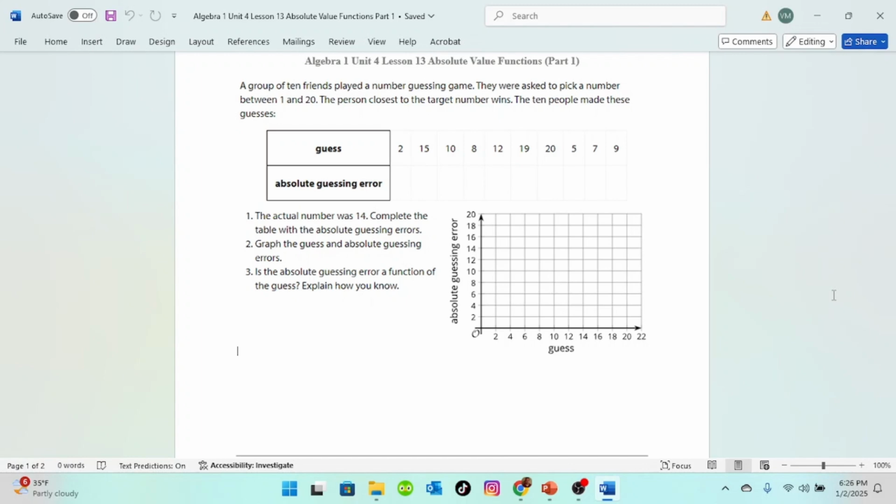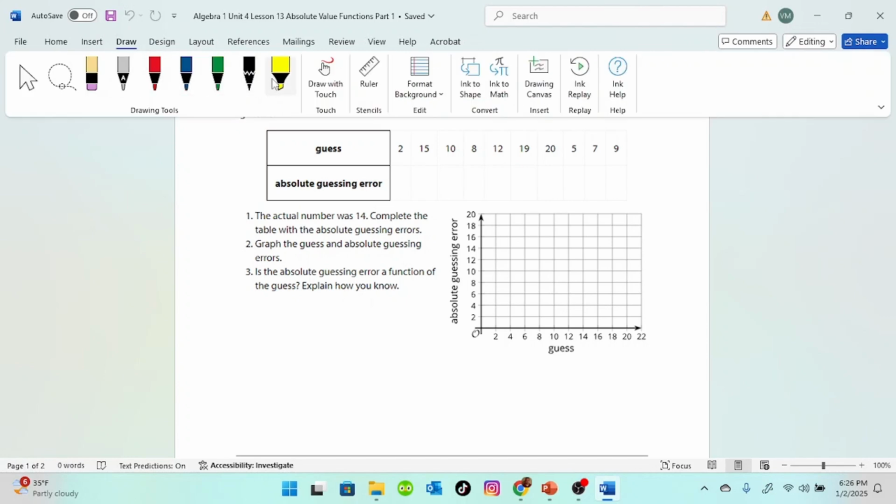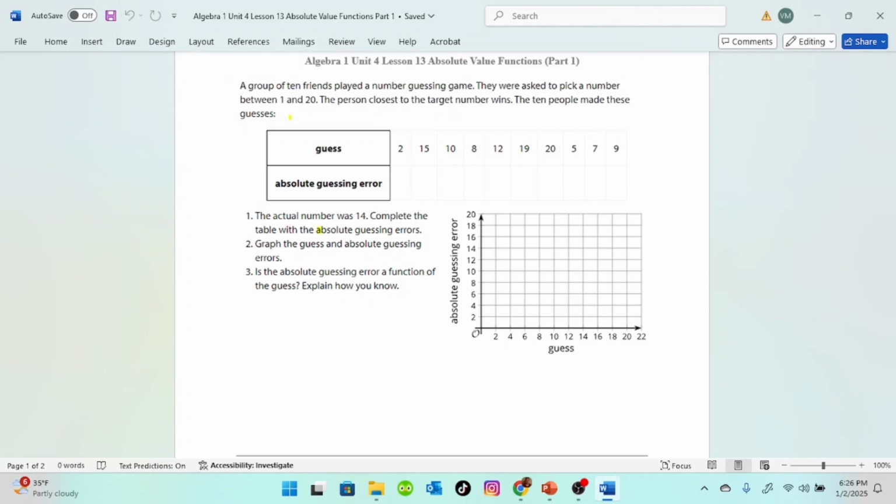So when we say absolute guessing errors, this means we only care how far away the number is from the actual number of 14. We do not care if that number was below 14 or above 14, only how far away.